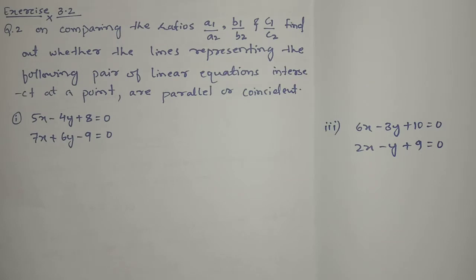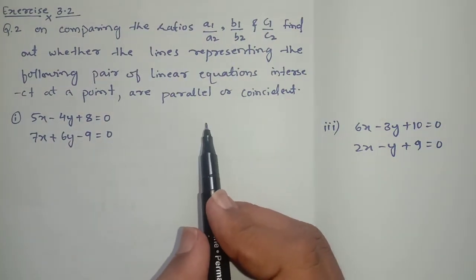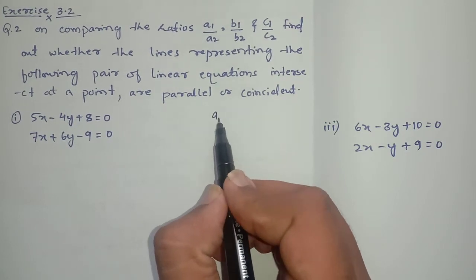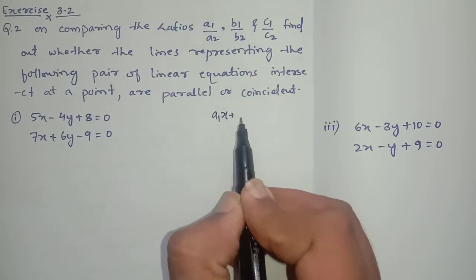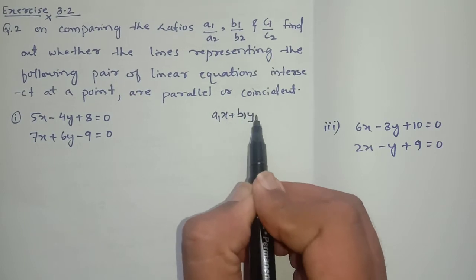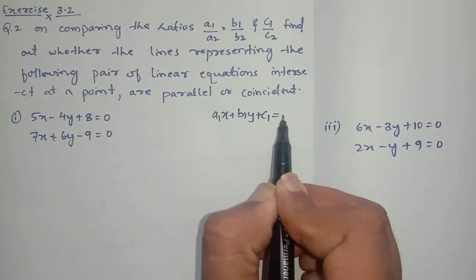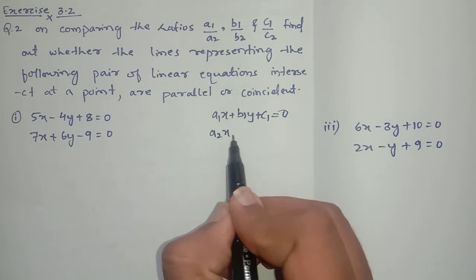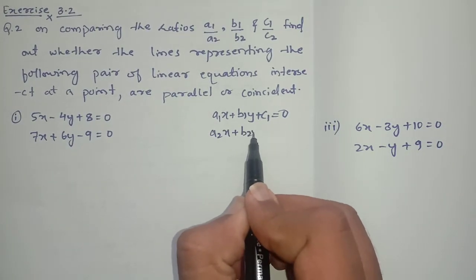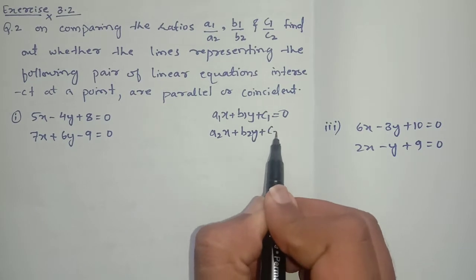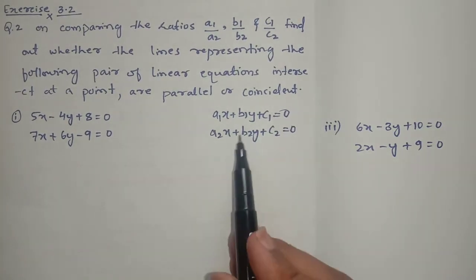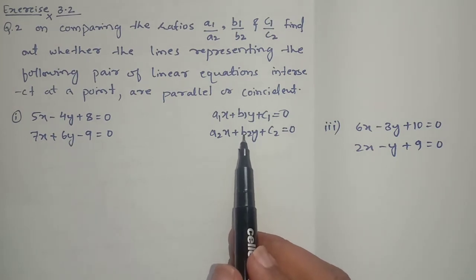First of all, I want to tell you the standard form of pair of linear equations in two variables. This is the standard form: a1x plus b1y plus c1 is equal to 0, a2x plus b2y plus c2 is equal to 0.